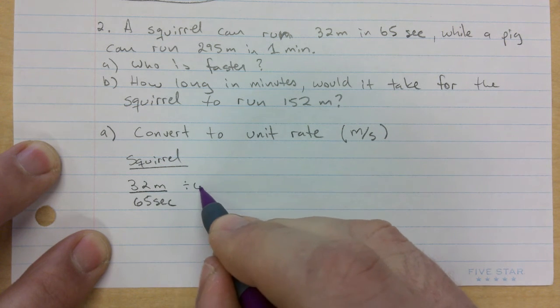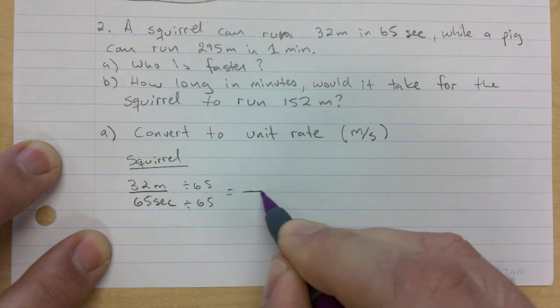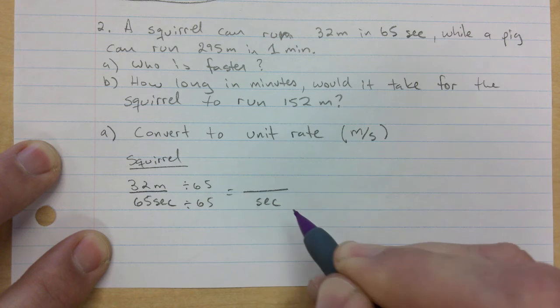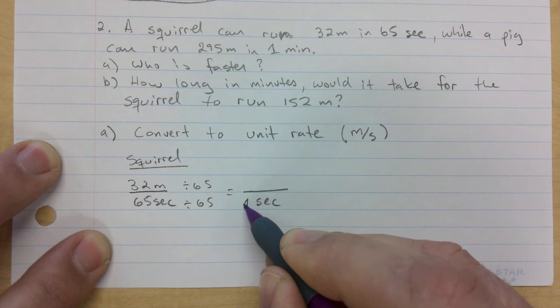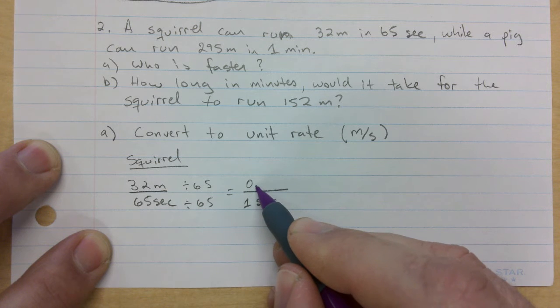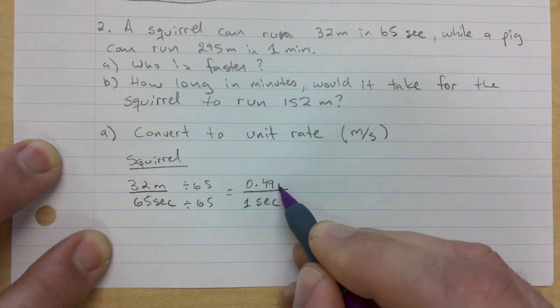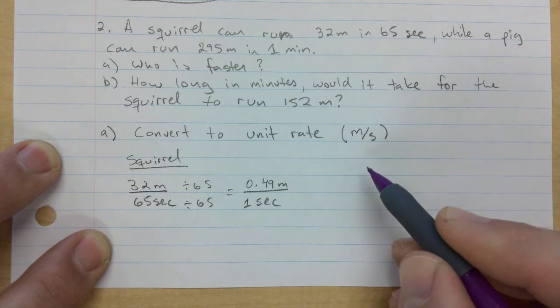So you would divide both of them by 65, whatever the denominator is. And that leaves you with just 1 second to be precise, and 32 divided by 65 on the top, which is 0.49 meters per second. So that's the squirrel.